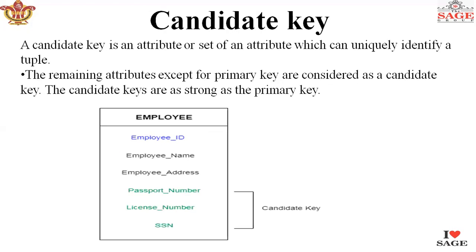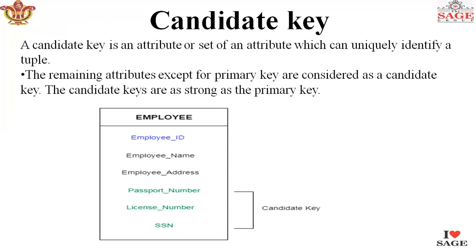Next one is the candidate key. Here you can see the definition of the candidate key. A candidate key is an attribute or set of attributes which can uniquely identify a tuple. What is a tuple? A tuple means the row of that particular record or table. The remaining attributes except the primary key are considered candidate keys.